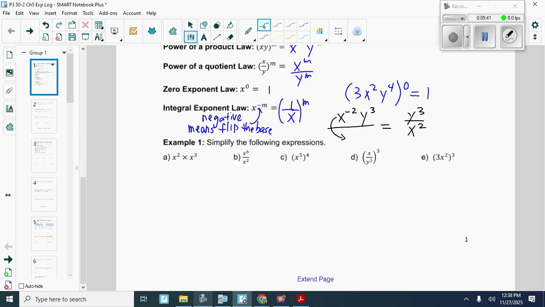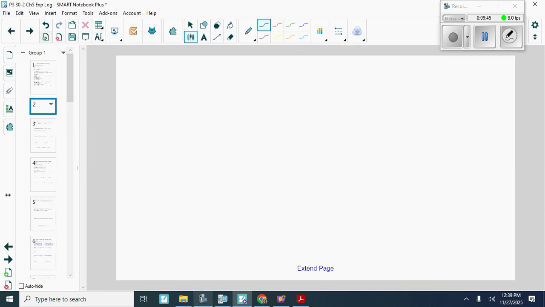What do you think happens if I have this? What if I'm simplifying and I get to this answer? I'm almost ready to write my final answer. But the y is already on the bottom, and now the y has a negative exponent.